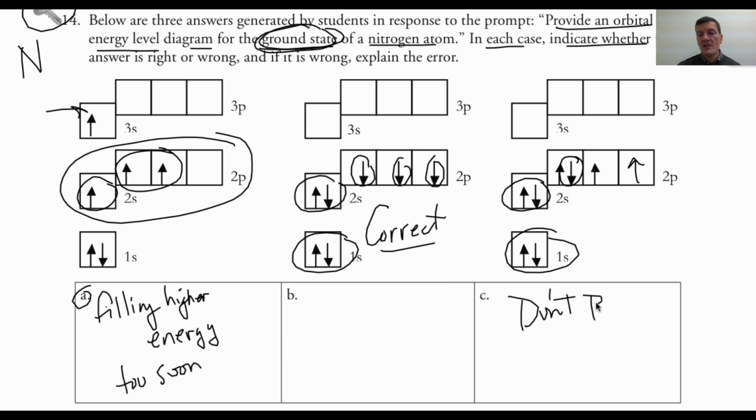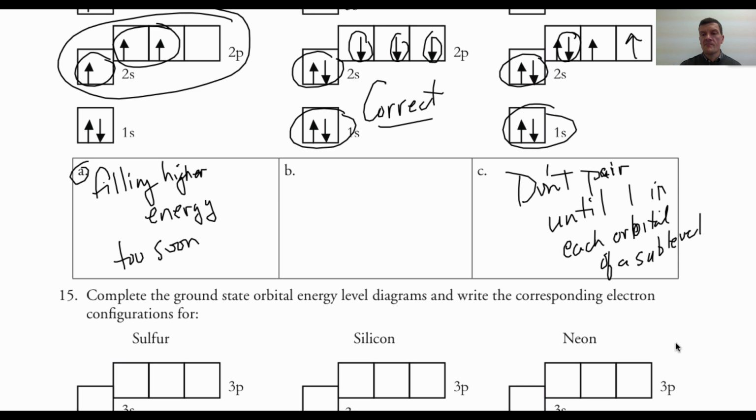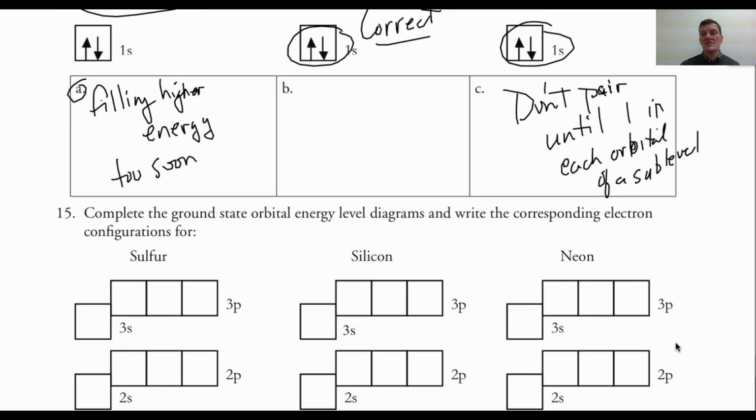Don't pair until 1 in each orbital of a sublevel.